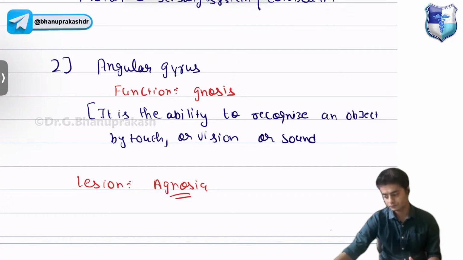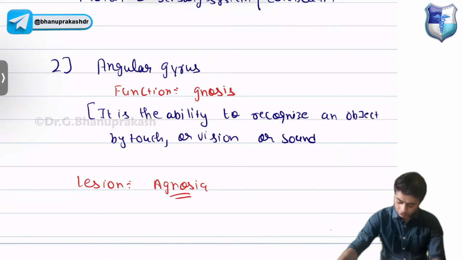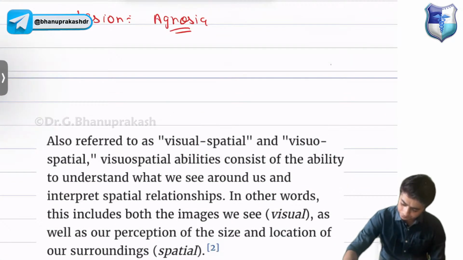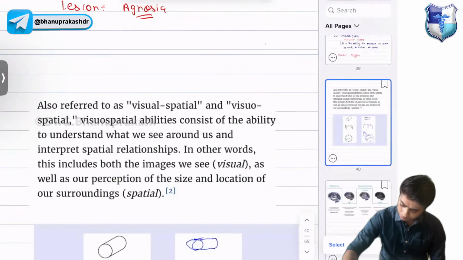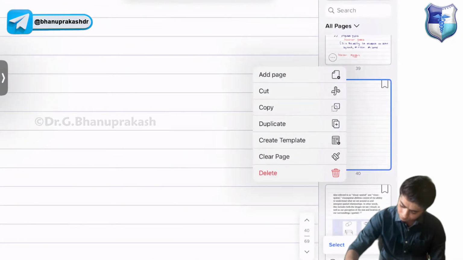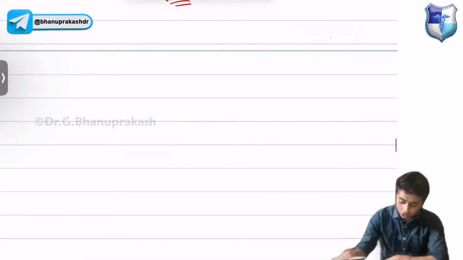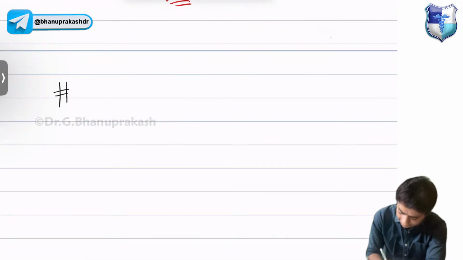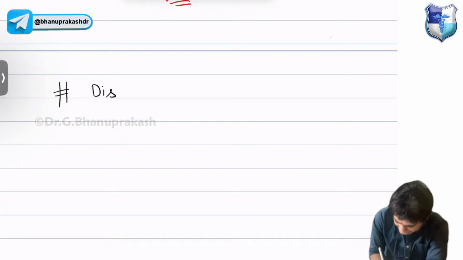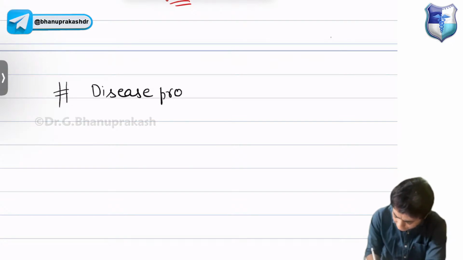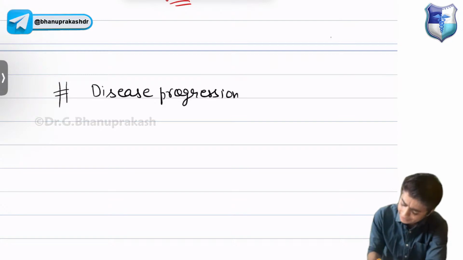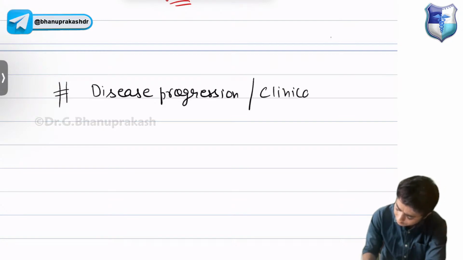Now we'll move to the clinical features, or we can say disease progression and clinical features.